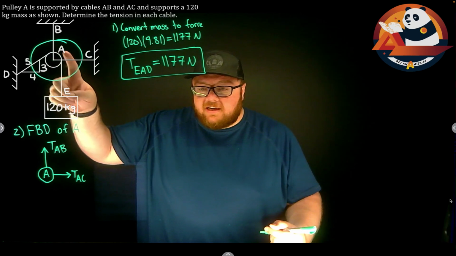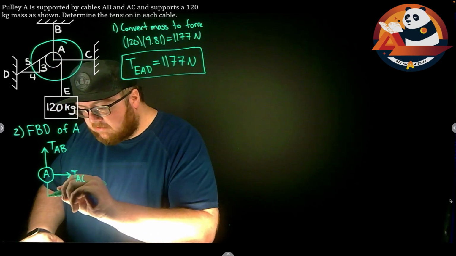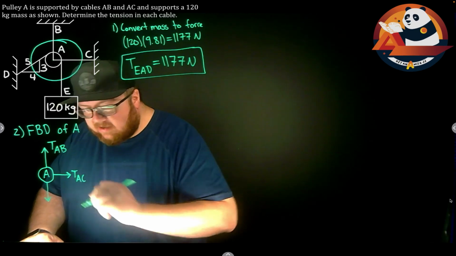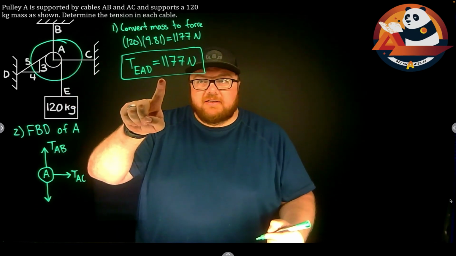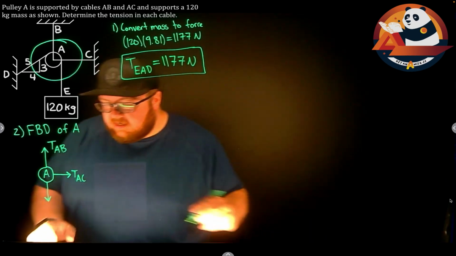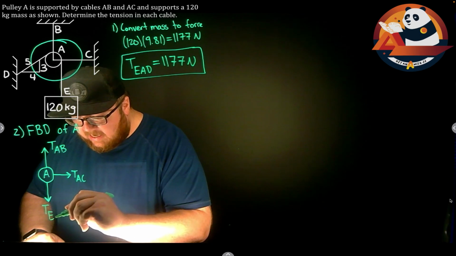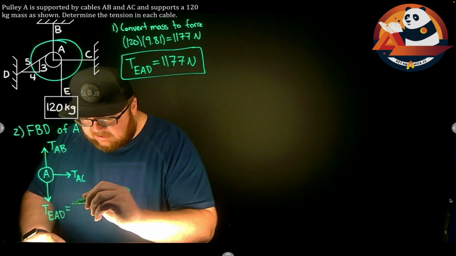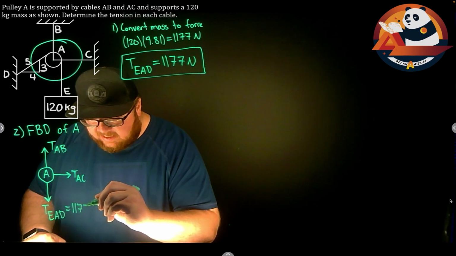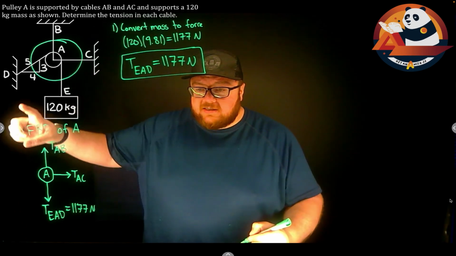I also have leaving this a cable going straight down. Let's label that in there. That one went straight down, and we know that's cable EAD. I already found the force in that one is 1177. So let's label it as a known. TEAD equals 1177 newtons.